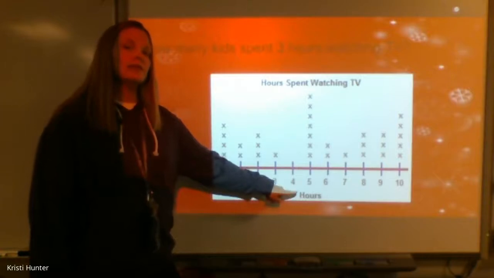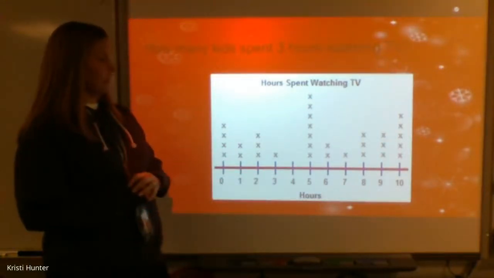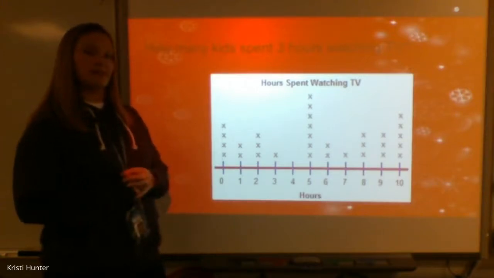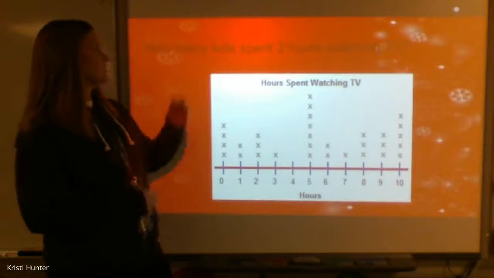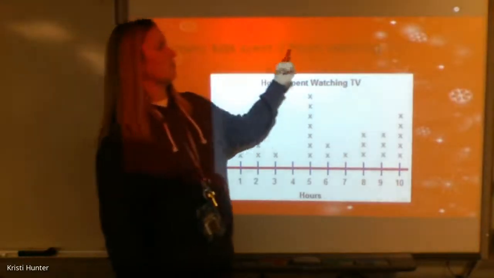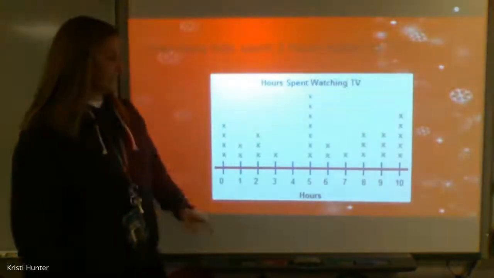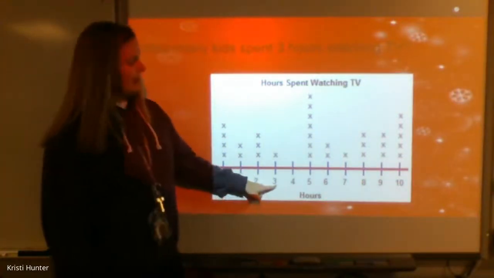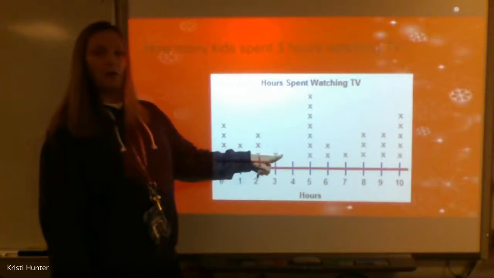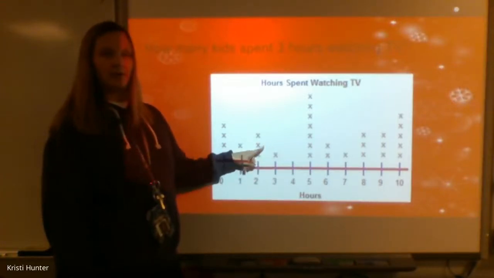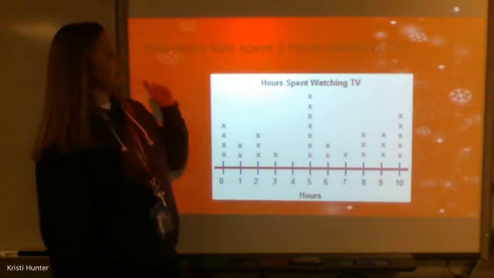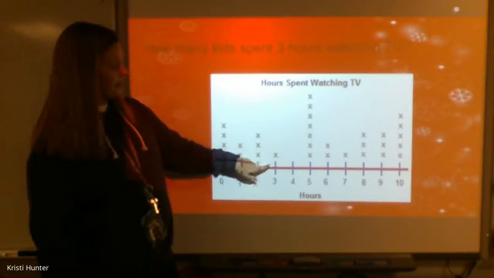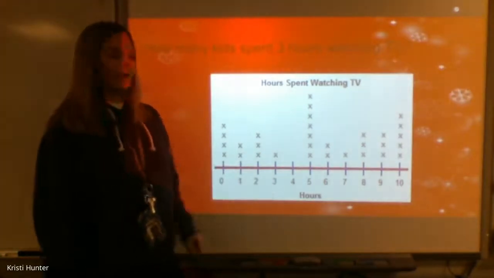So I'm looking at the number of hours across the bottom, and these are the people that spent that much time watching TV. My question said, how many kids spend 3 hours watching TV? So I'm going to come to the number 3 hours, and it looks like there's only 1 child there. So the answer would just be 1. 1 kid watches 3 hours of TV.